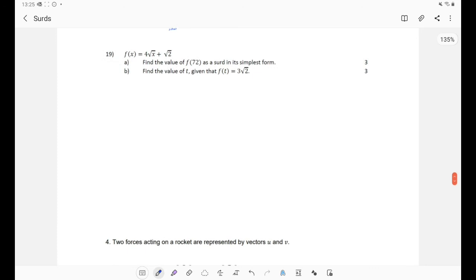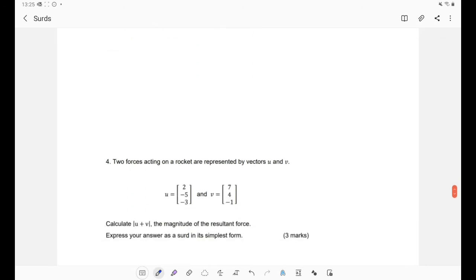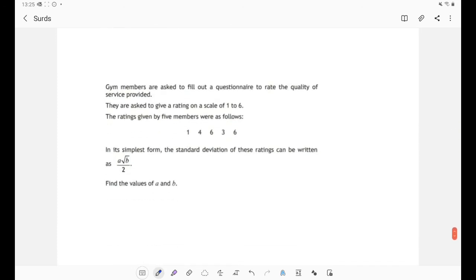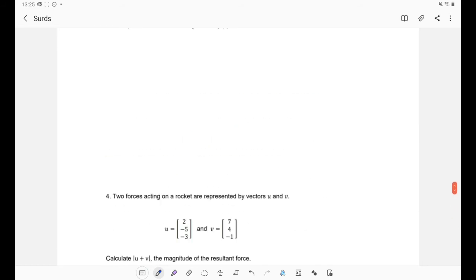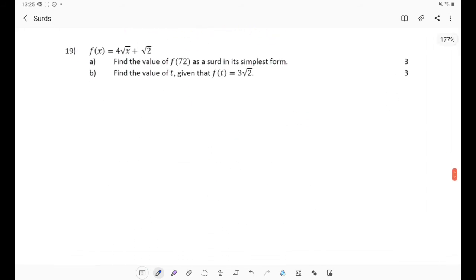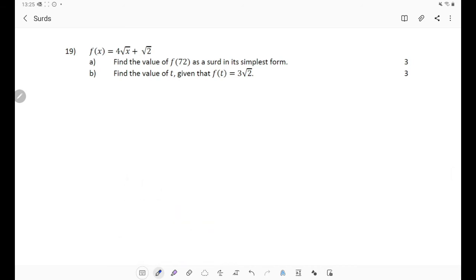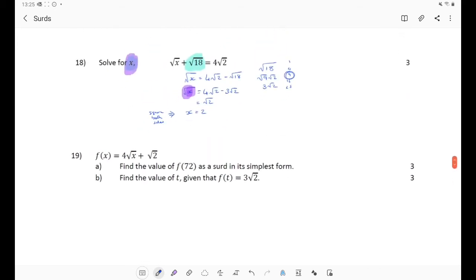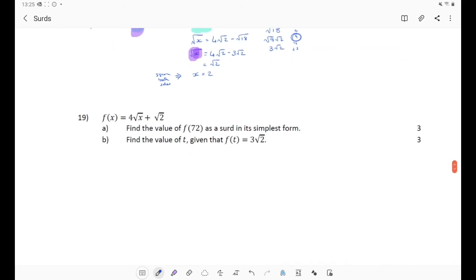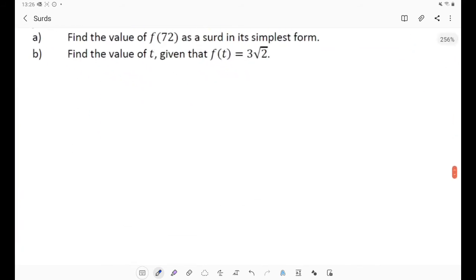And the ones we have got to look at are function notation, vectors, and standard deviation. I'm only going to do half of the function notation with you, as that's all I did in the call. And the reason is part B really closely resembles question 18. So it would be a really good opportunity for you to give it a go yourself and see where it gets you.